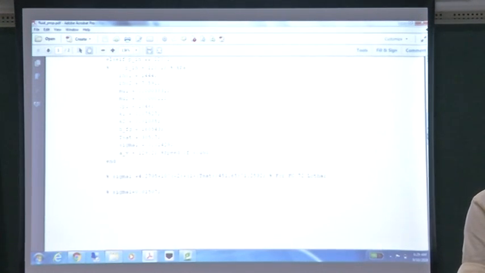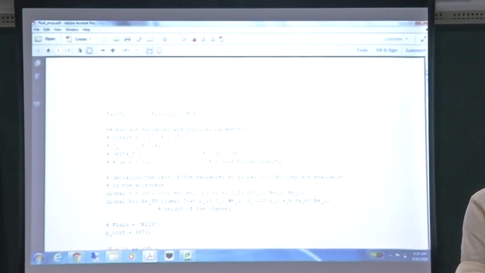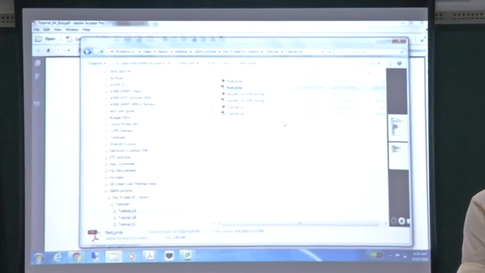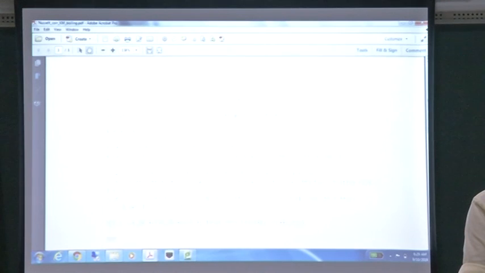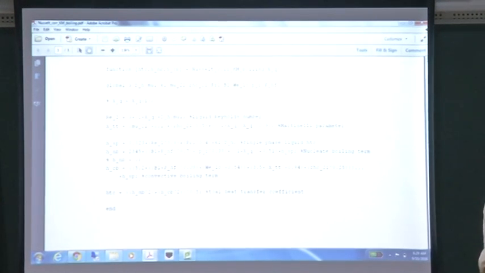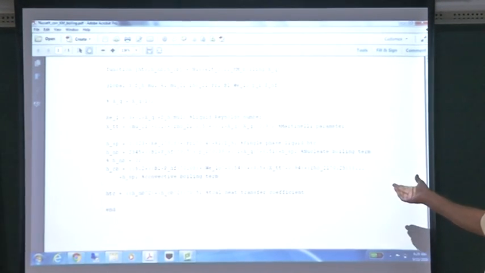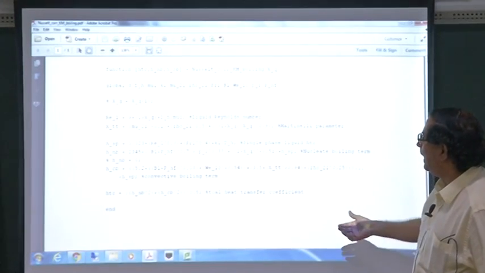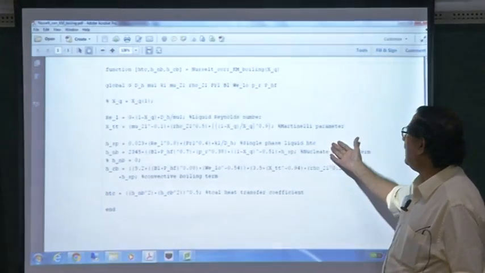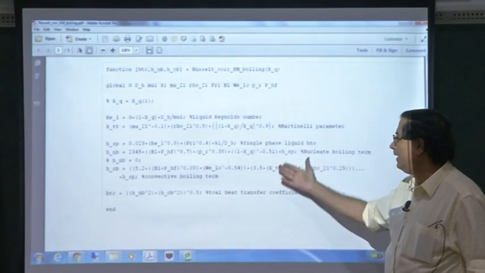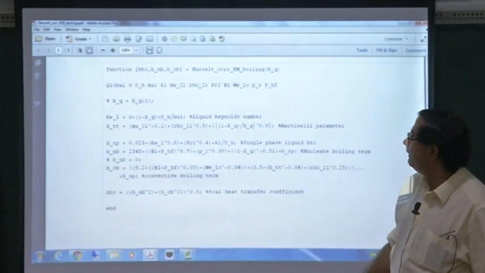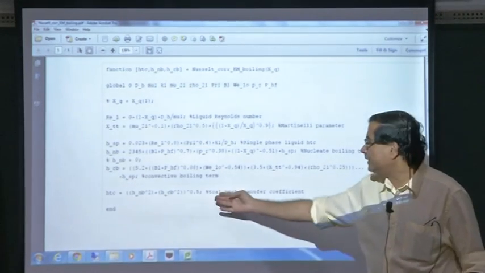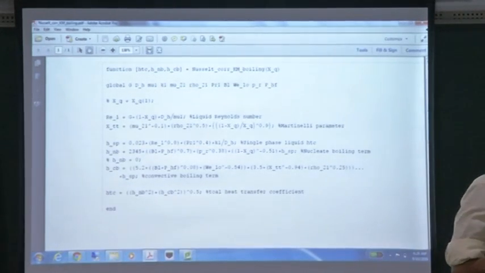Surface tension as a function of temperature is given for R123. Then the Nusselt correlation of Kim and Mudawwar has been written down in terms of XTT, nucleate boiling, convective boiling, and single phase liquid, and all these formulas are used to define H2 phase, which is here, and X2.